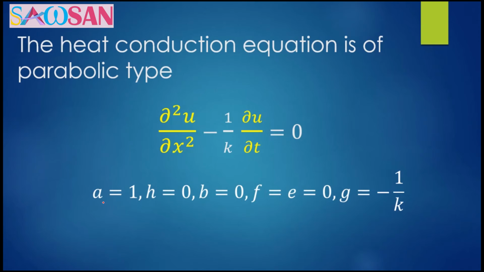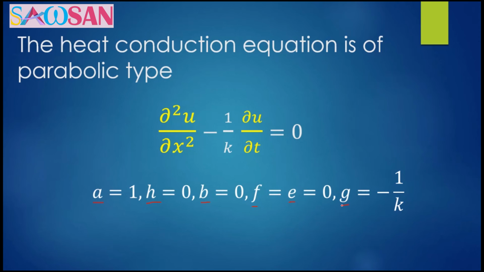Here a = 1, the coefficient of ∂²u/∂x², h = 0, the coefficient of ∂²u/∂x∂t, b = 0, the coefficient of ∂²u/∂t², f = e = 0, which are the coefficients of ∂u/∂x and u.